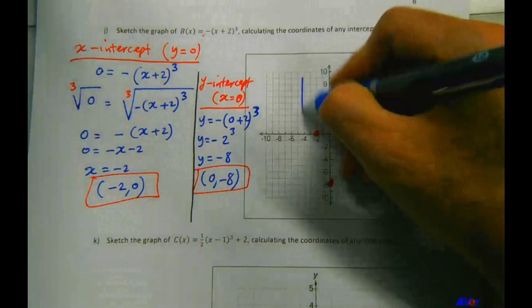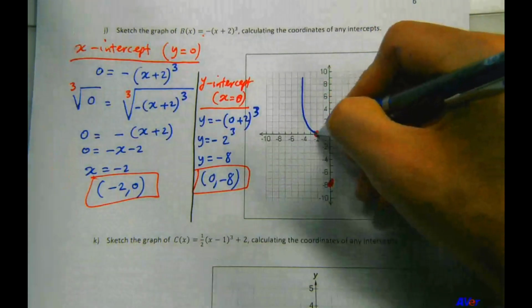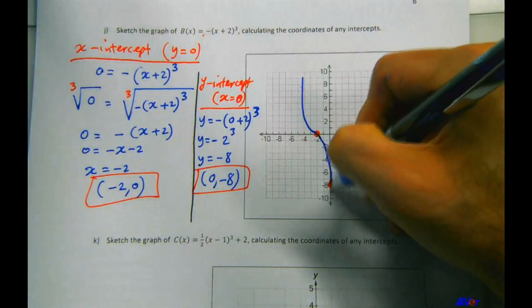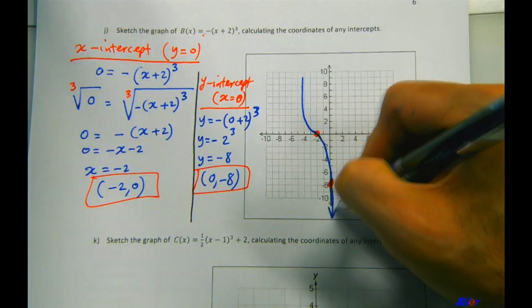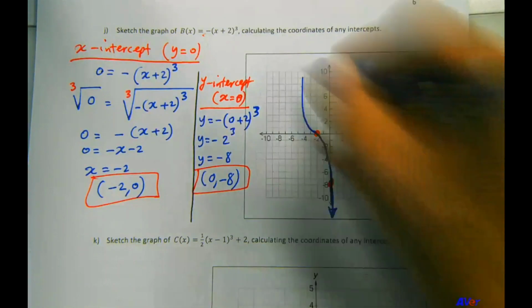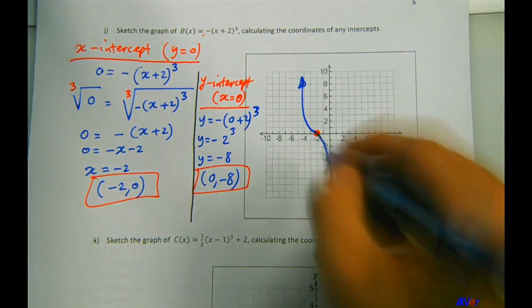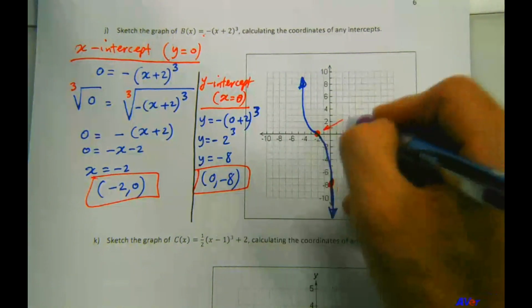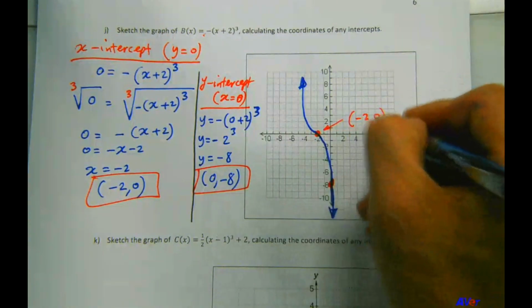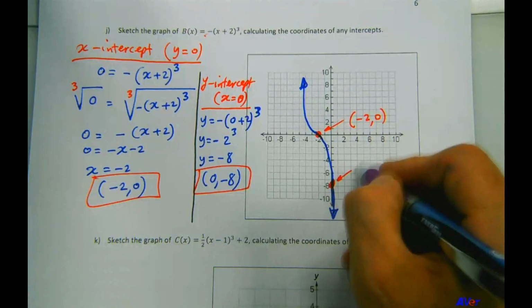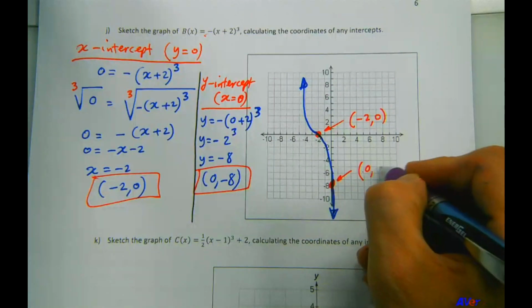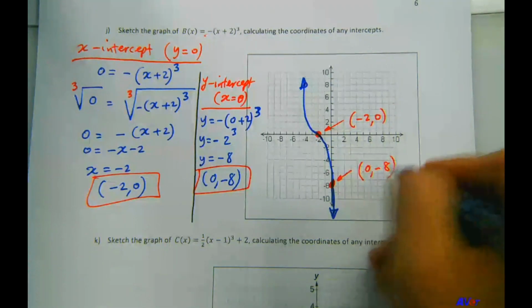So we'll come down here, we'll go like this, through this, and then through that y-intercept right there. So that is negative 2 comma 0, and that point should be 0 comma negative 8.